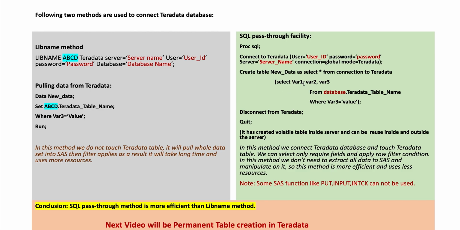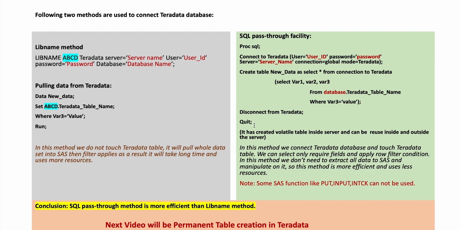Select var1, var2, var3 from database, from where we are selecting information, and provide table name from where we are extracting data. And filter is applied on var3, where var3 equals to certain value, parenthesis close and semicolon. Disconnect from Teradata, semicolon, quit, semicolon.